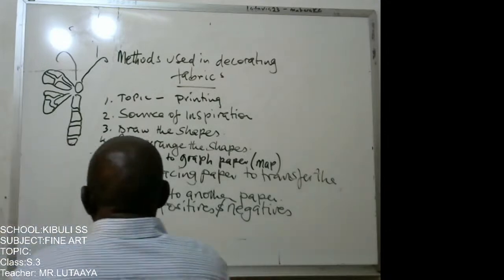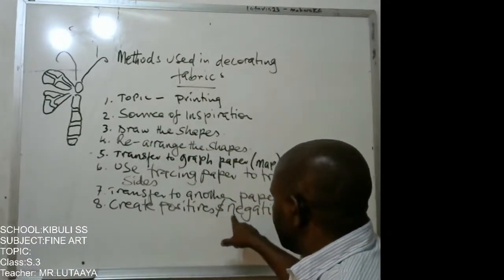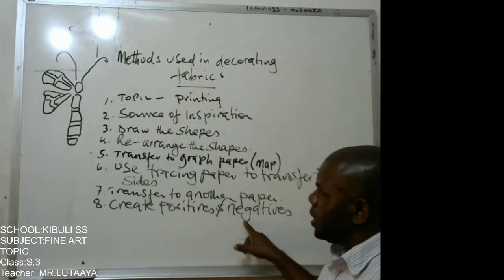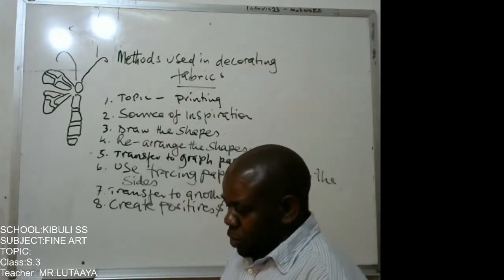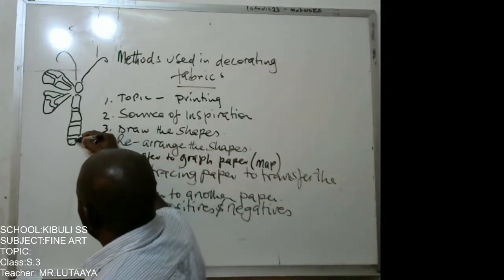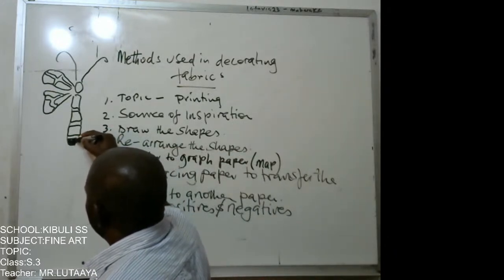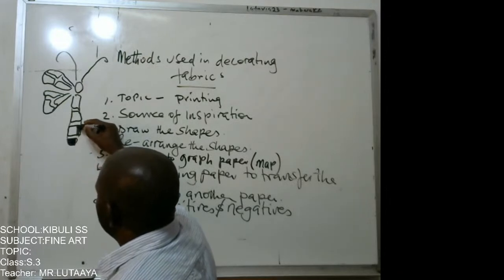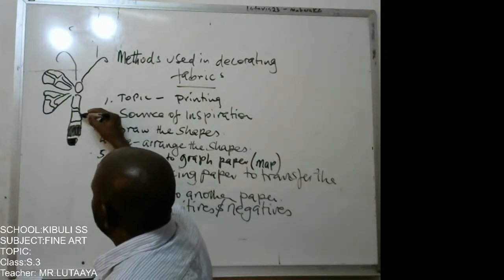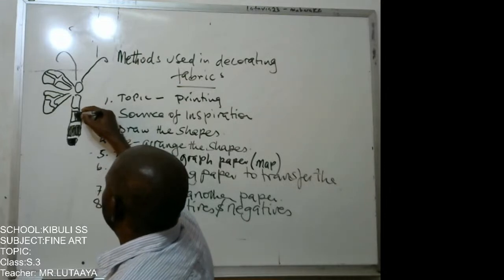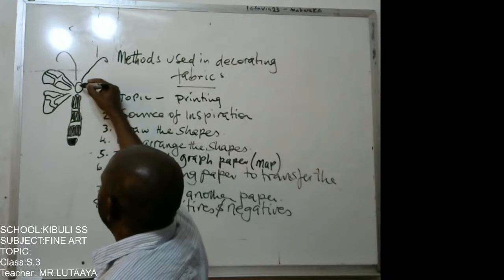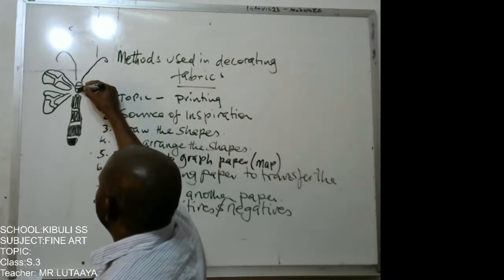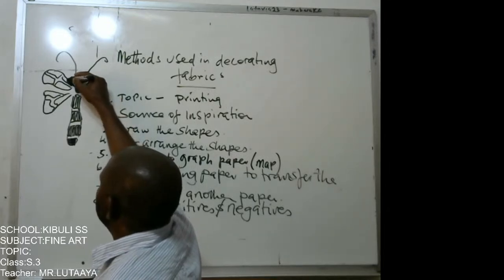Now, how do we create the positives and the negatives? The shaded parts we are going to see here are the positives. For example, you can shade here, then you shade here, then here, then here, you can shade here, then you have a shading here.